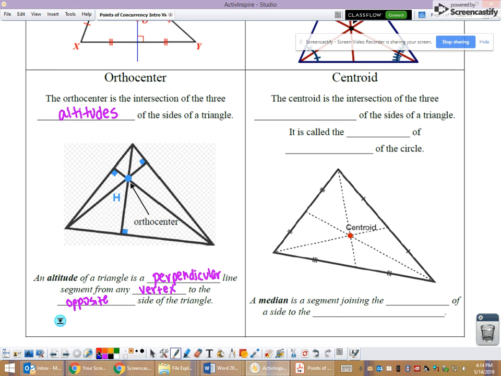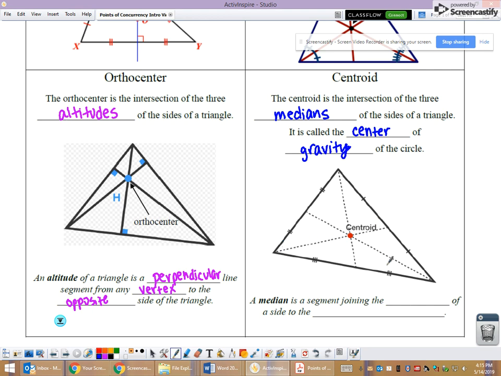And finally, we have something called a centroid, which is the intersection of the 3 medians of a triangle. Another new word. And it's often referred to as the center of gravity of the triangle, which I will explain more on Monday. So a median is a segment, right?